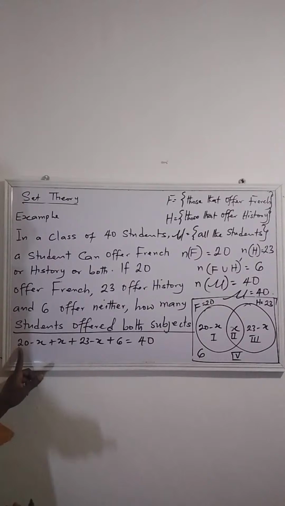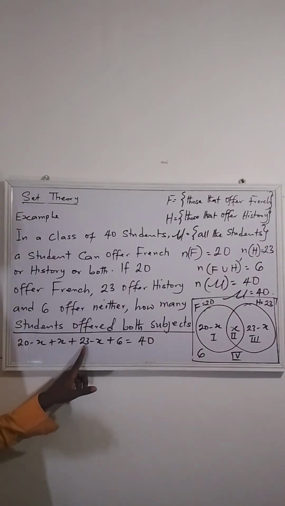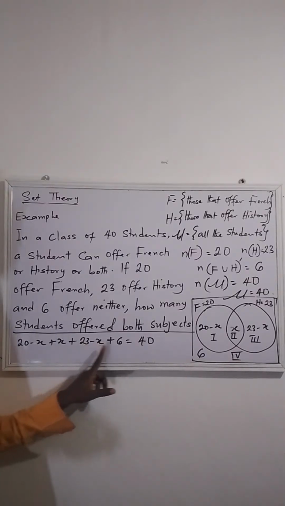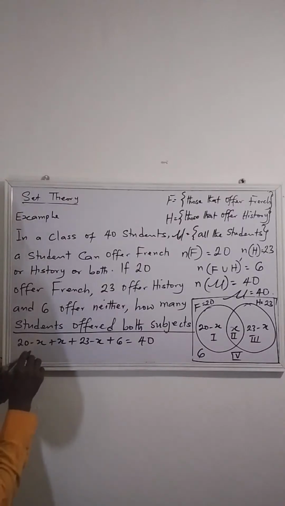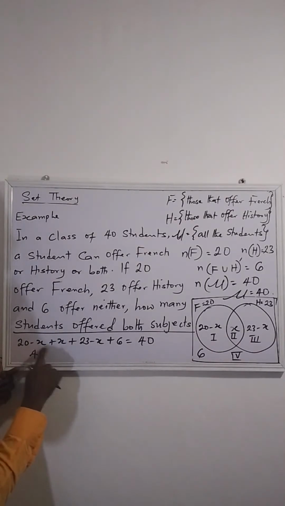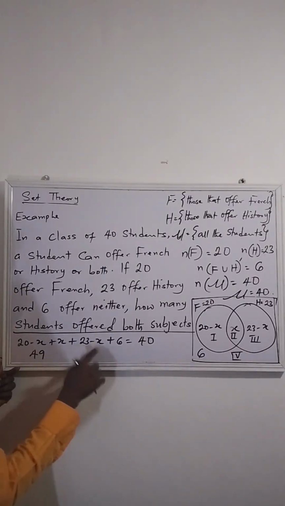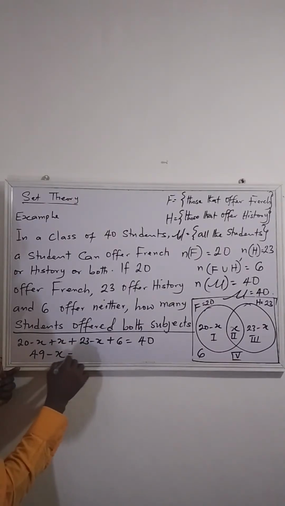We had 20 plus 23, that gives you 43. So 43 plus 6, that is 49. And look at this, minus x plus x is 0, so we have 49 minus x equals 40.